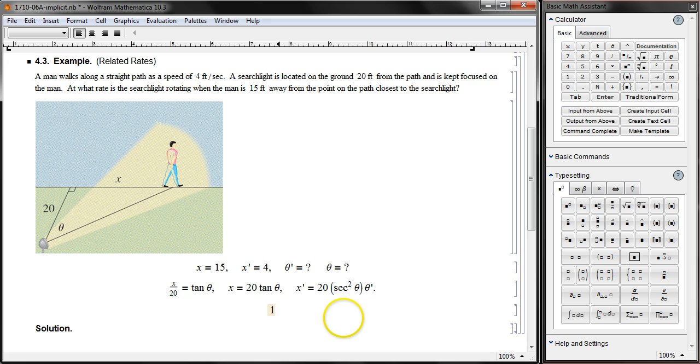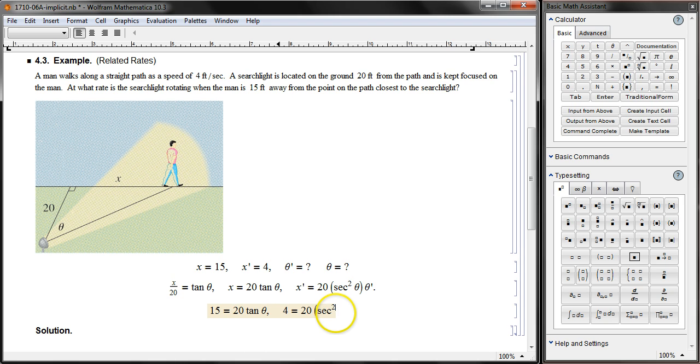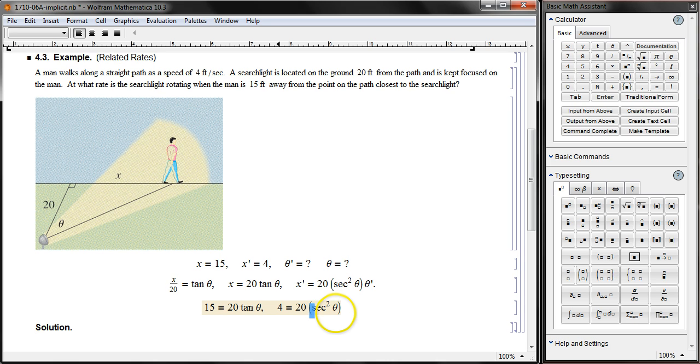Plug in numbers. 15 equals 20 tangent of theta. Plug in x equal to 15. 4 is equal to 20 secant squared theta times theta prime.